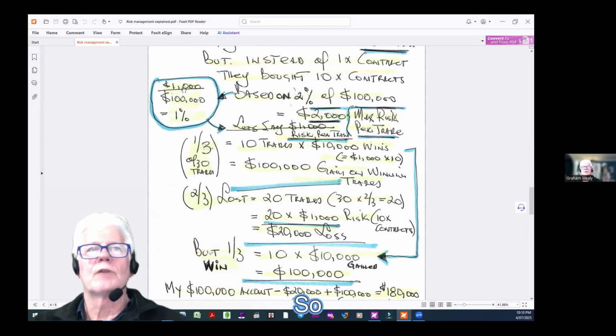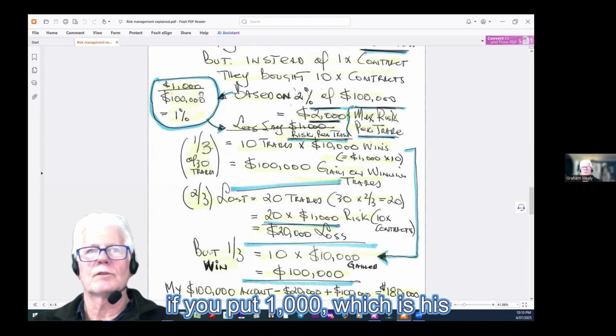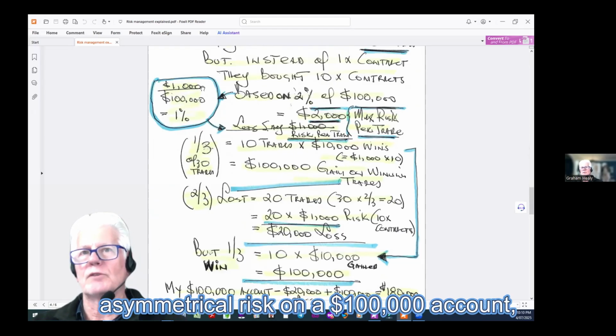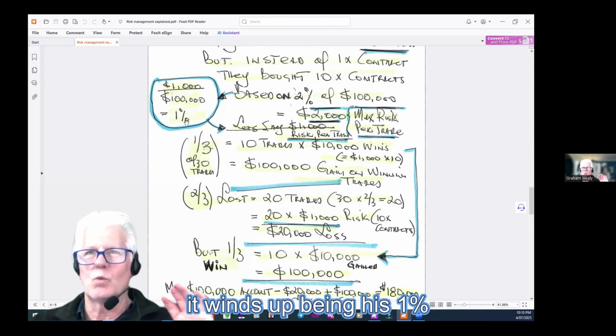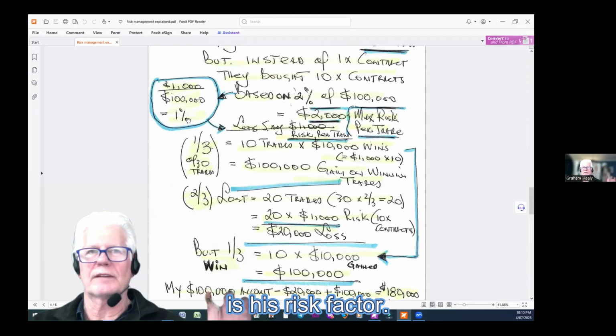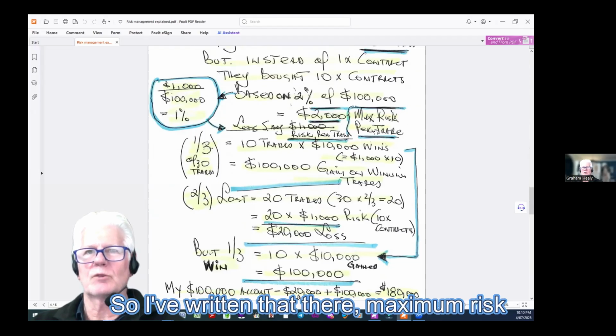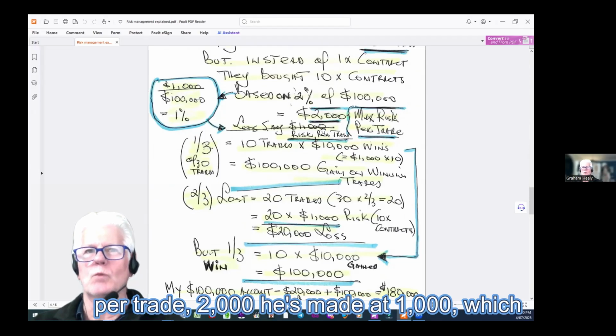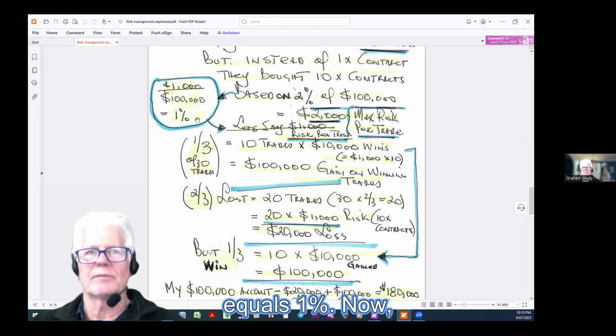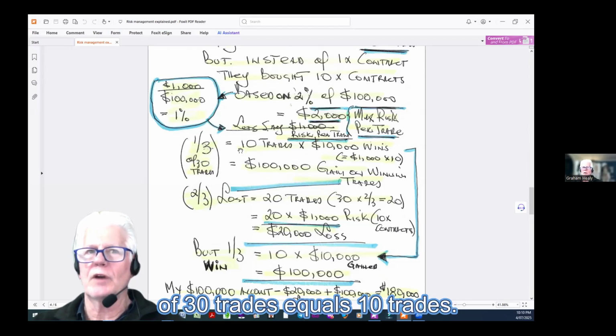Yes, okay. So if you put 1,000, which is his asymmetrical risk on a $100,000 account, it winds up being his 1% risk factor. So I've written that there. Maximum risk per trade, 2,000, he's made it 1,000, which equals 1%. Now, 1/3 of 30 trades equals 10 trades.